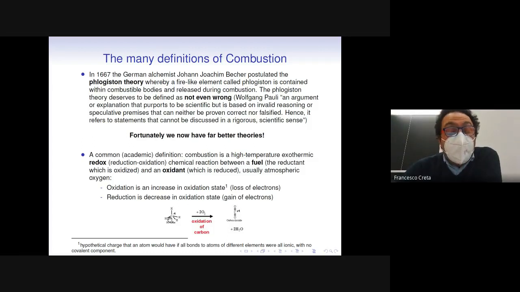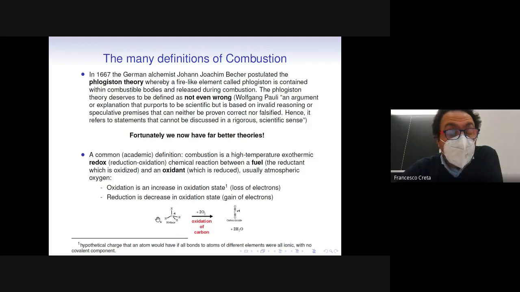If you look at what happens after the oxidation, so the reaction with oxygen, you have the production of two products here: carbon dioxide, CO2, and water. The carbon atom, you see, has passed from the methane molecule to the carbon dioxide molecule.